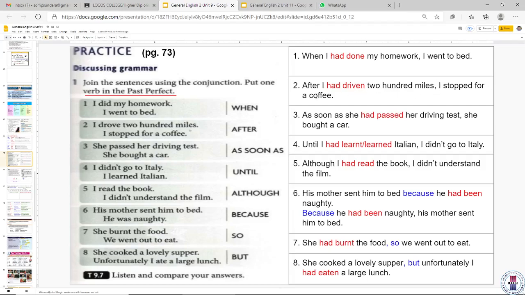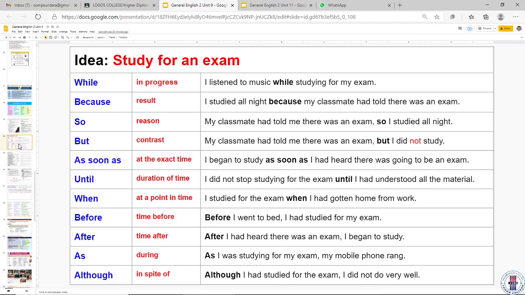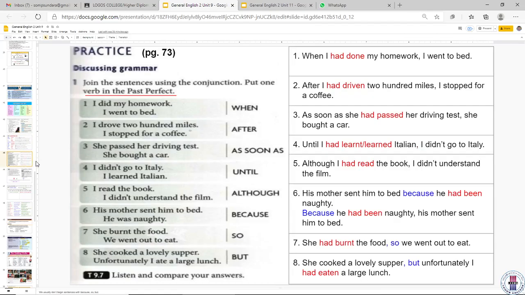Let's look at number 3. As soon as. Right, so as soon as means at the exact time. Okay? That means very quickly, at a time very quickly after you heard something, as soon as. Look at number 3. She passed her driving test.